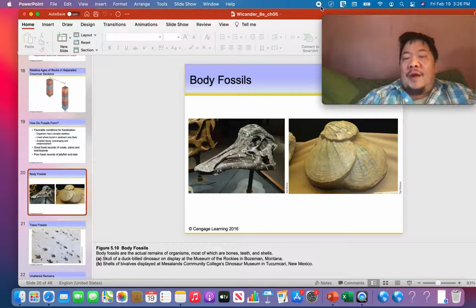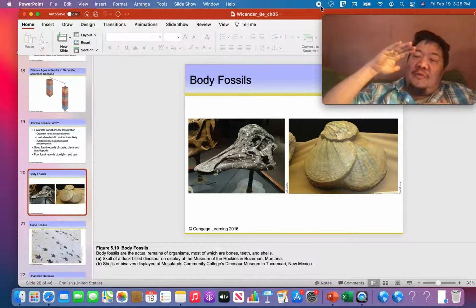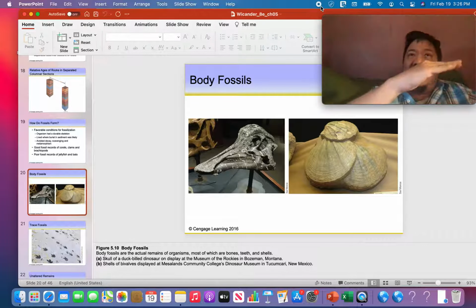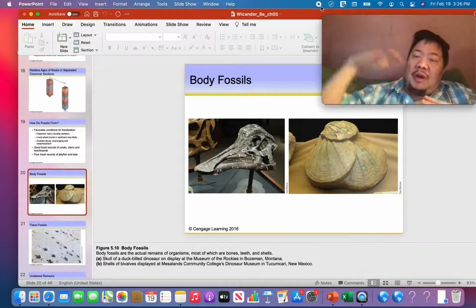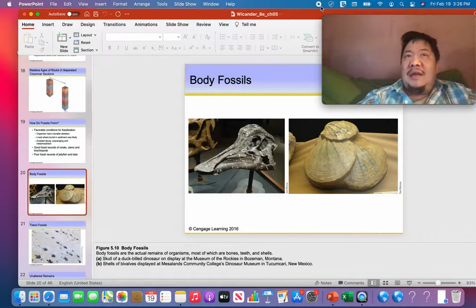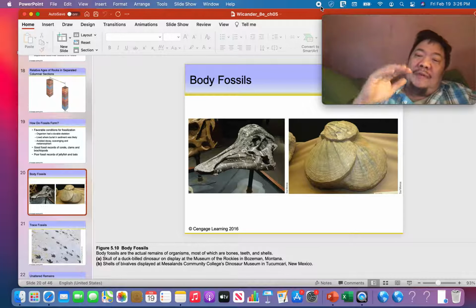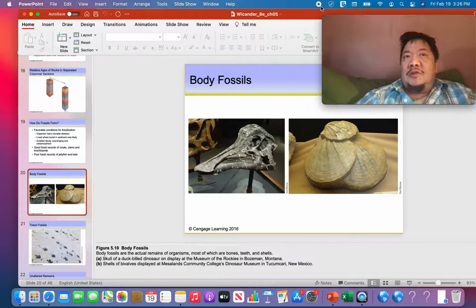Well, in order for fossilization to occur, the creature has to be buried rapidly by something like a landslide, either underneath the bottom of the ocean, where an underwater landslide occurs, or under a lake, or on the land. Why does rapid burial have to occur in order for a fossil to be preserved?